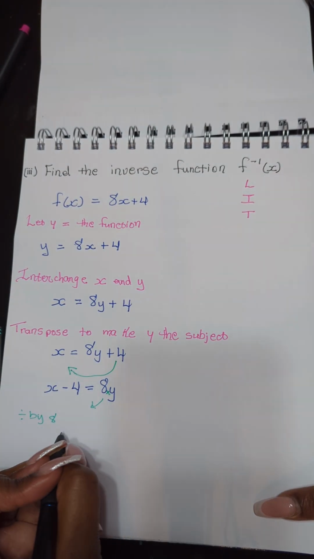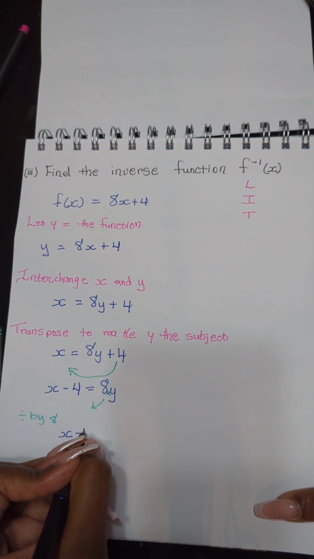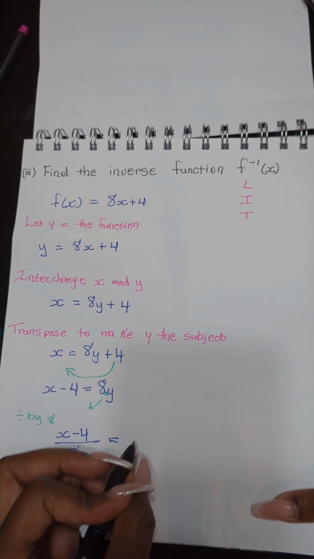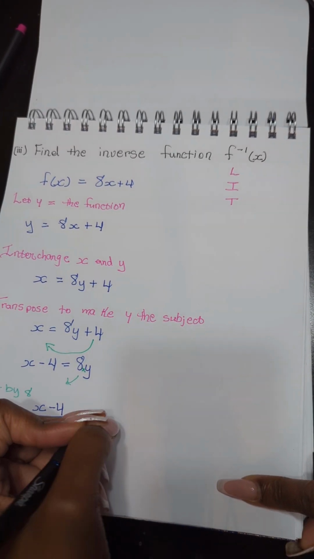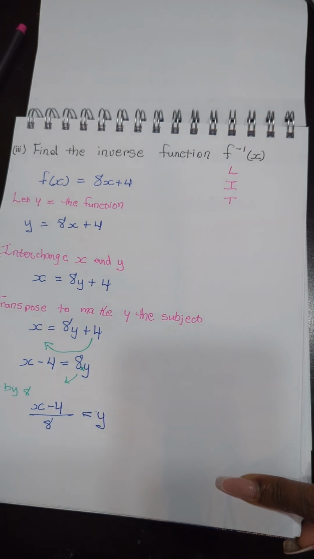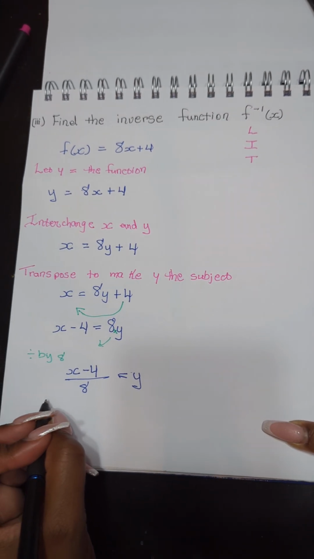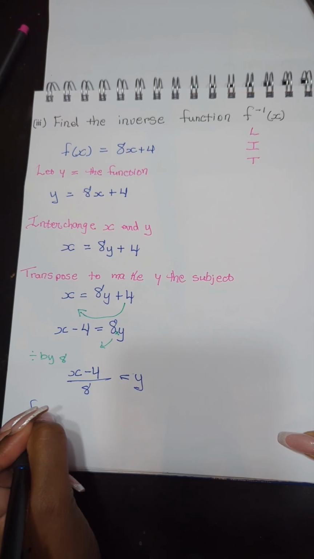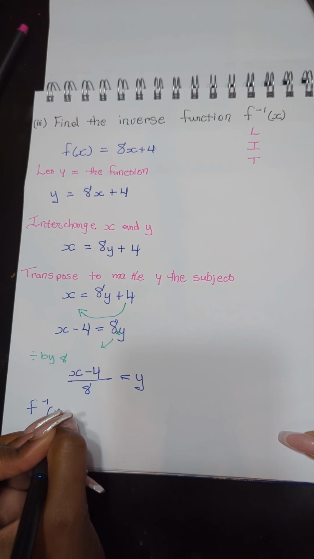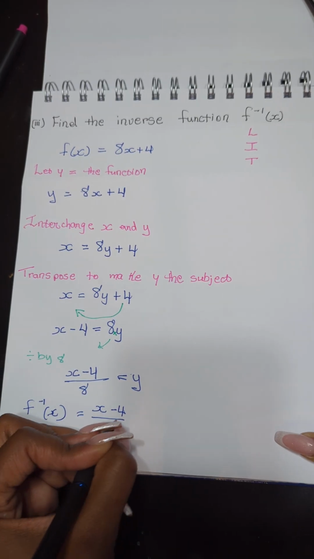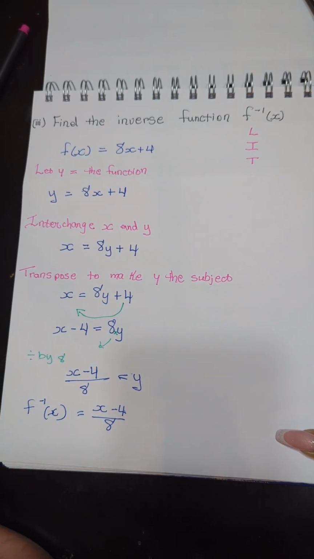And that is going to be x minus 4 all over 8 is equal to y. And that's it. So now we can just rewrite as f inverse of x is x minus 4 all over 8. Ta-da, you're done.